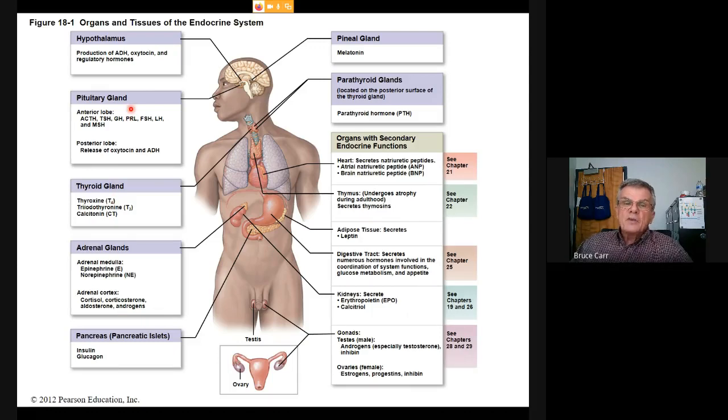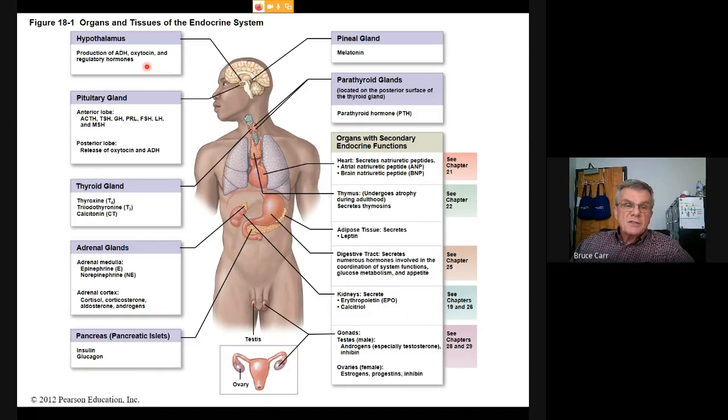The hypothalamus has multiple roles: producing hormones directly, controlling the pituitary, the master gland, and finally sending messages to the adrenal gland for norepinephrine and epinephrine release.